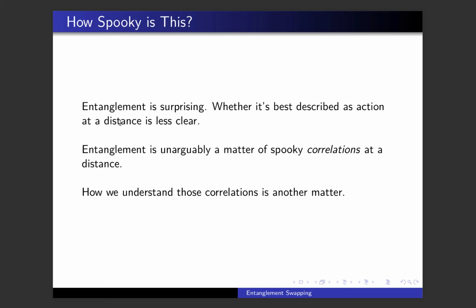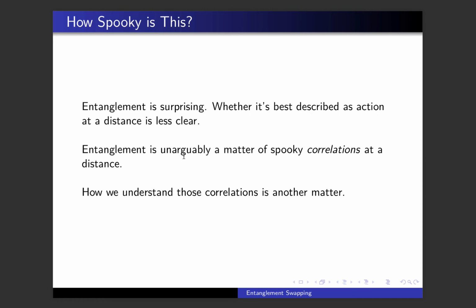So there's no doubt that entanglement swapping is surprising because entanglement correlations are non-classical. Whether we want to describe it as full-blown action at a distance is less clear because there's something slippery about quantum states themselves. It's a little bit hard to get a handle on what they are, and so a little bit hard to get a handle on the question of whether the apparent change in a distant system that comes about as a result of a local measurement and entanglement amounts to full-blown action at a distance.